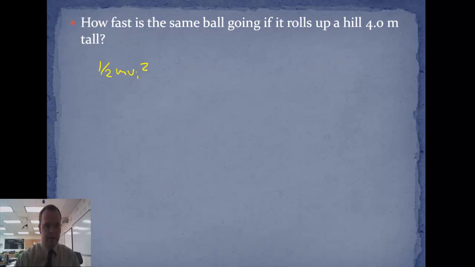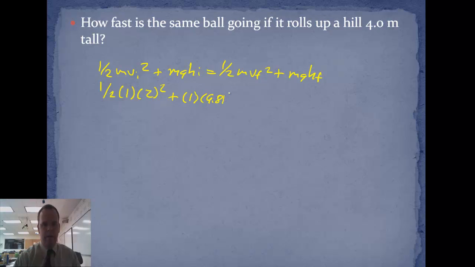1/2 m v initial squared plus mg h initial equals 1/2 m v final squared plus mg h final. So 1/2, 1 times 2 squared plus 1 times 9.81 times 6 equals 1/2, 1 v final squared plus 1 times 9.81 times 4.